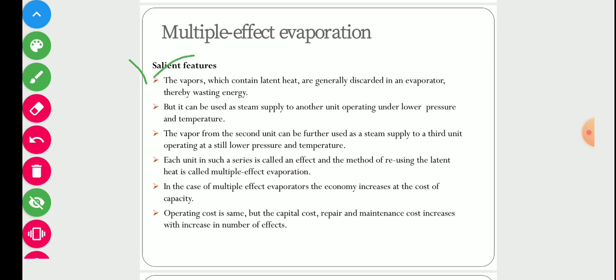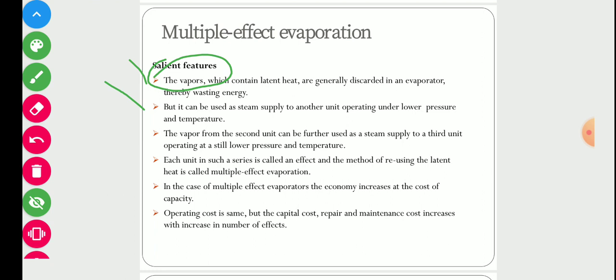So this vapor is used as a heating source in the next evaporator unit. This is the key feature of the multiple effect evaporator: it can be used as steam supply to another unit operating under lower pressure and temperature.